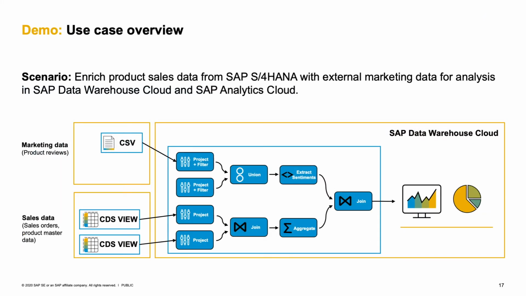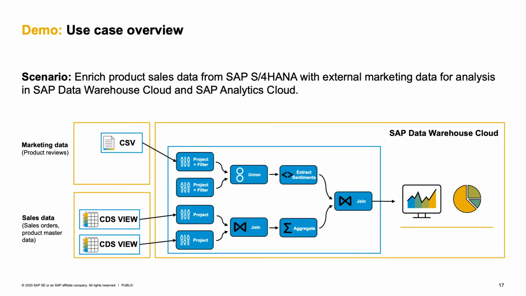I want to give you a brief overview of what the use case or the scenario actually looks like that we'll be working with. The use case I'll be showing to you is made up of a simple data set about sales data of specific products, as you can see in the left lower corner, whereas this data is coming from a HANA Cloud or S/4HANA Cloud source.